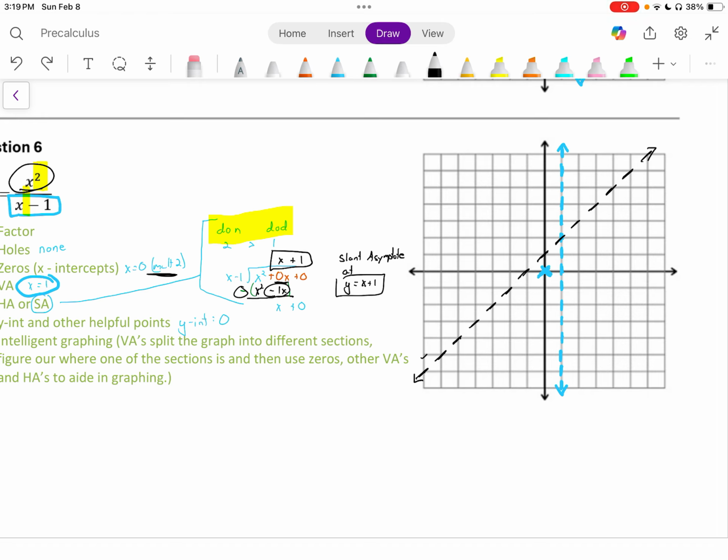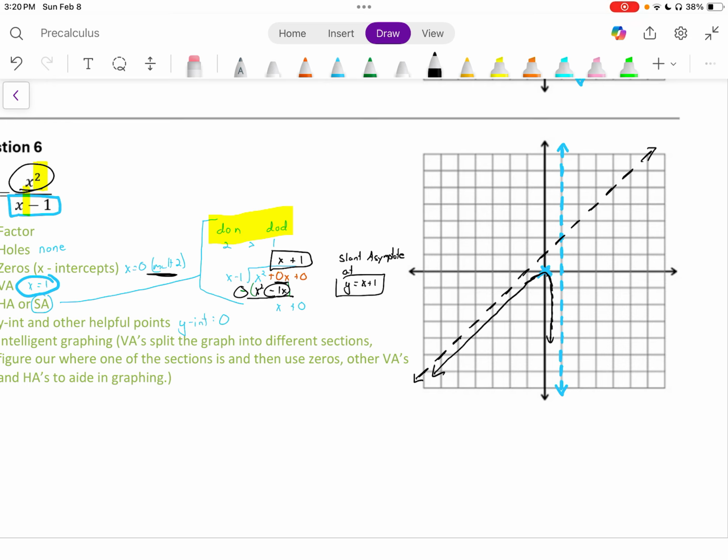Well, if we try this one right here using our slant asymptote and the vertical asymptote, that doesn't work at all because we don't have an x-intercept there. And so it must be this bottom section. We come to this 0 here, it's an x, that reminds us it was multiplicity 2, so it has to bounce and then come down here.